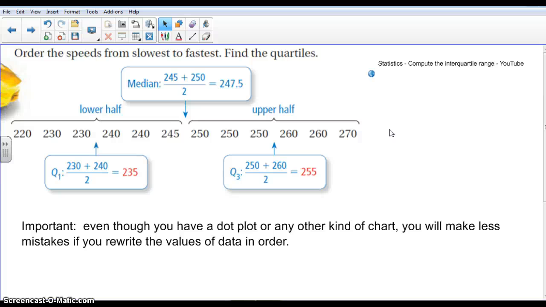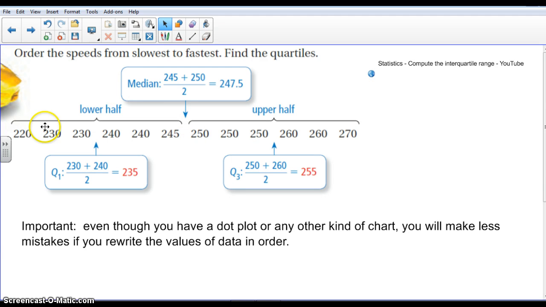Then what they did, right here, is if you took that strip that you did before and folded it in half, you would find the median. In this case, your median is right in the middle.